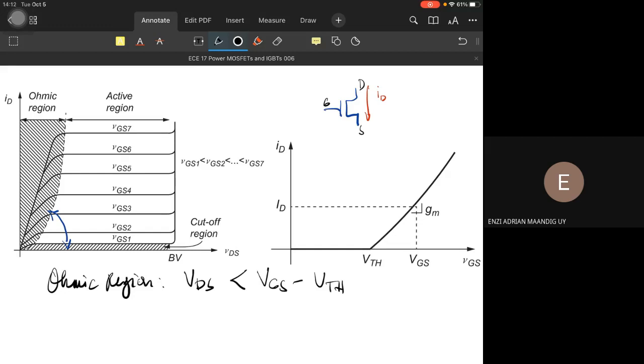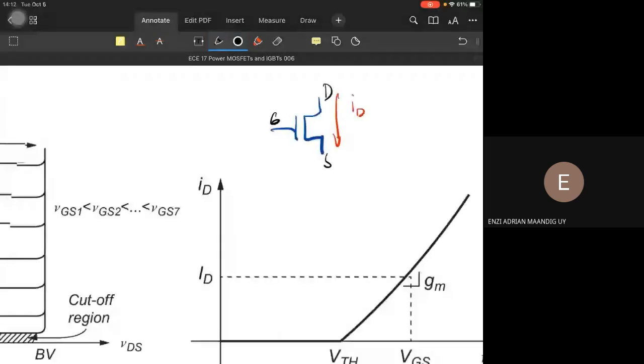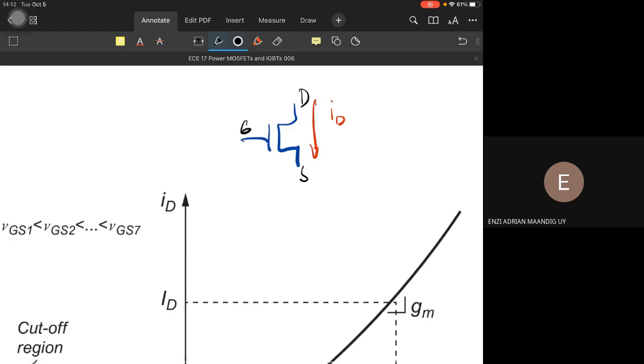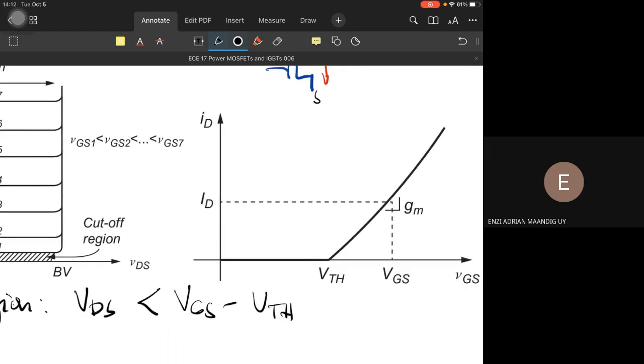VTH is the threshold voltage needed by the VGS to start conducting. In a BJT, that is 0.7. In a FET or MOSFET, it is not exactly 0.7; it is much lower than that. And in our CMOS analysis, we model it as 0. VTH is 0.